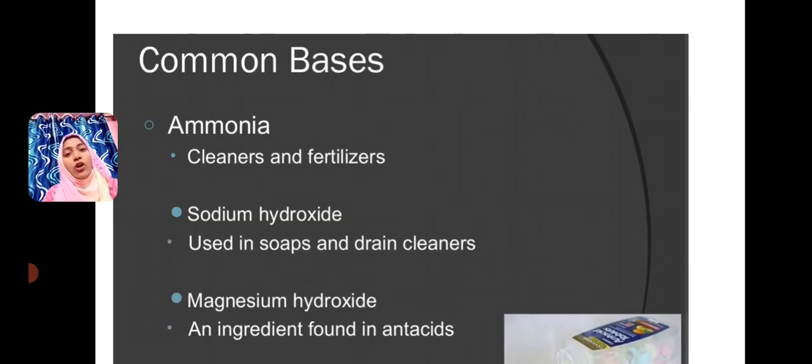Next, the common bases. In our daily life, what common bases do we use? Ammonia, which is used in cleaners and fertilizers. You might have heard about urea, which farmers use as a fertilizer in agriculture to get more yield.